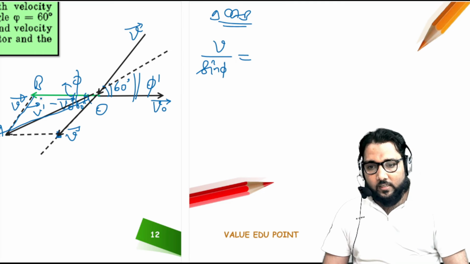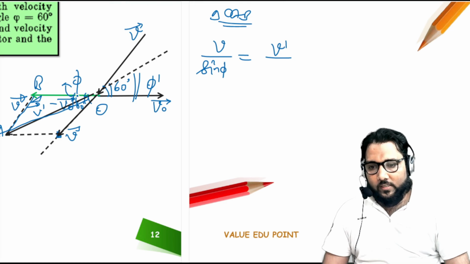And for the resultant, that is equal to v dash. So look at this, guys. This is the v dash vector, and we have to find this angle.